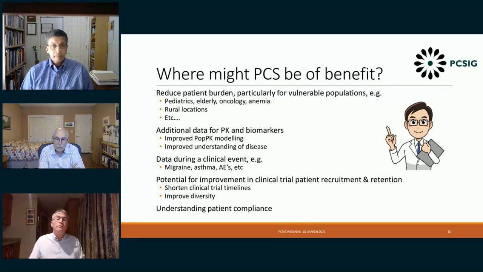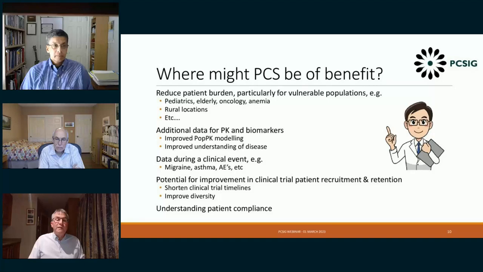How do we include those into our clinical trials and our healthcare? We also have the opportunity to generate additional data for pharmacokinetics and for biomarkers. So this could lead to improved population PK modeling and an improved understanding of disease by having better exposure data or better data on our biomarkers.